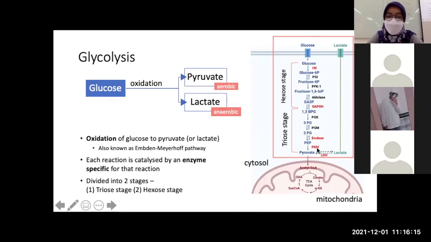Then this pyruvate will be carried down here to the TCA cycle inside the mitochondria. Glycolysis alone has 2 stages, the hexose stage and the triose stage. For each of these steps, for example from glucose to glucose 6-phosphate, there are specific enzymes catalyzing it.